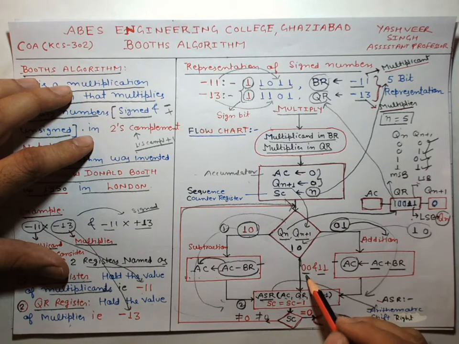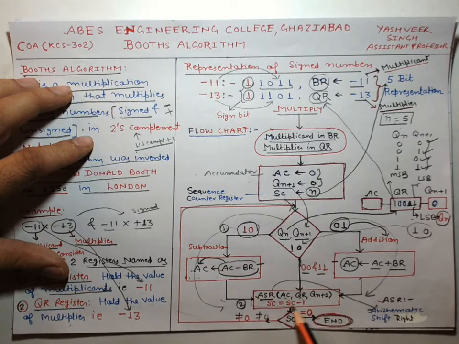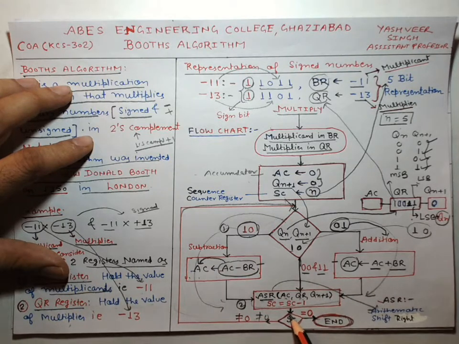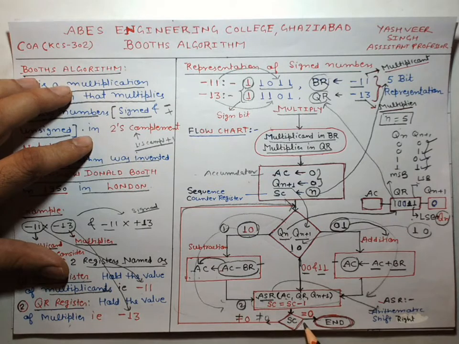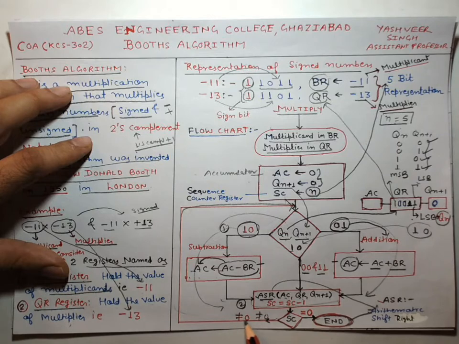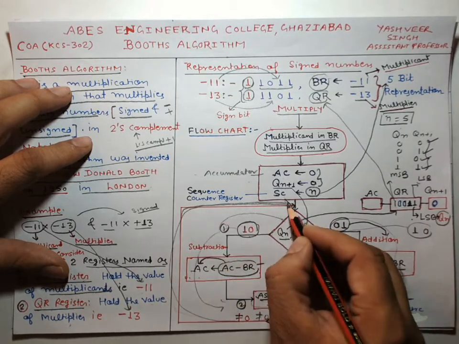Otherwise the remaining possible combinations are 00 and 11, then we will follow this step. After that, the next decision box is the sequence counter. If the value of the sequence counter is 0, then we will find the final output of the multiplication. Otherwise we will go again to this step.